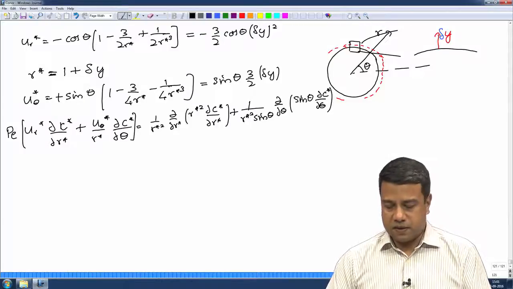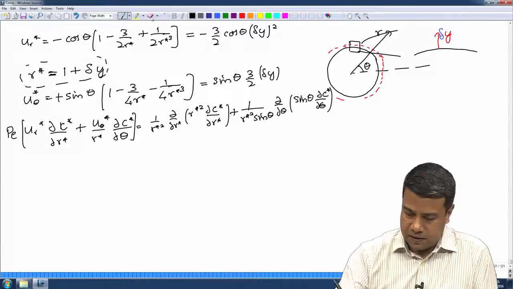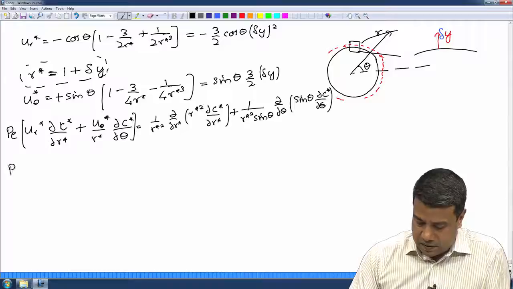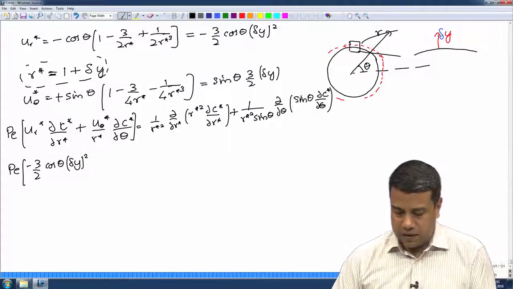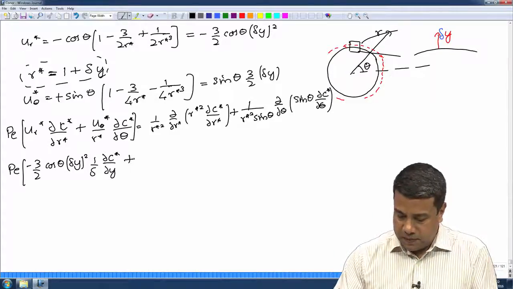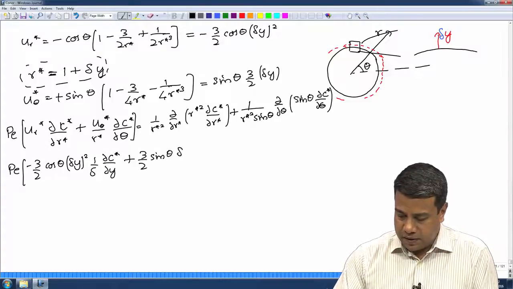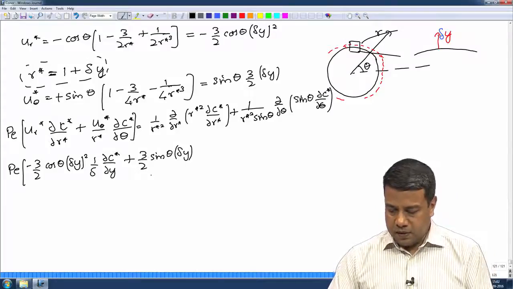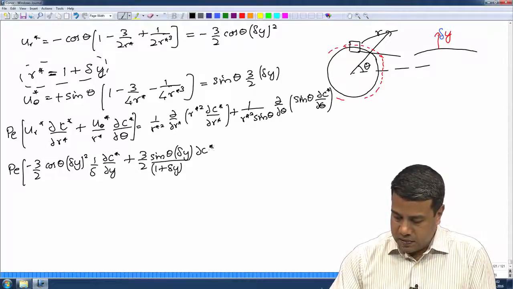Substitute in terms of the variable r star is equal to 1 plus delta y, and substitute for the velocities. So, I will get Peclet number into u r, which is minus 3 by 2 cos theta delta y the whole square, times partial c by partial r, which is 1 by delta partial c by partial y, plus u theta, which was equal to 3 by 2 sin theta delta y, divided by r, which is 1 plus delta y, partial c by partial theta.